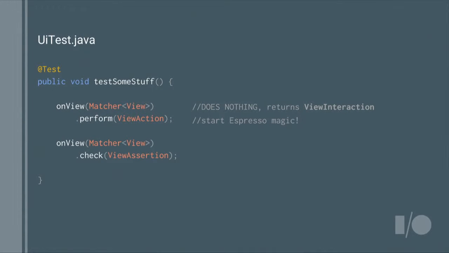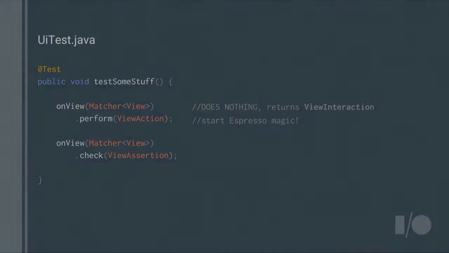So going back to a proper Espresso test, like I said, this just returns a view interaction object. And only when you actually act on that, this is where the Espresso magic starts. In this first part of this presentation, I just want to talk to you a little bit about internals so that you have the knowledge that will help you when building your tests and fighting all the different scenarios and different ways that your tests can fail.